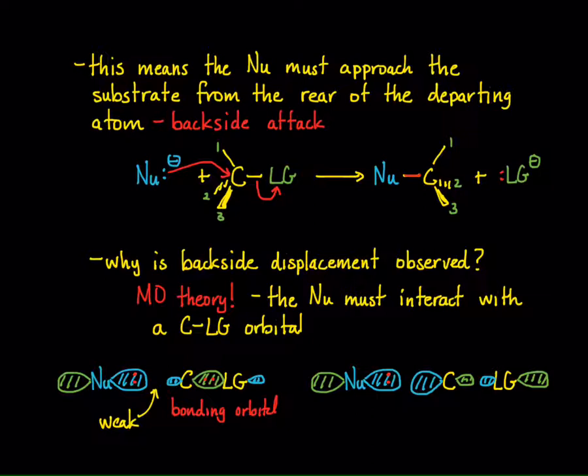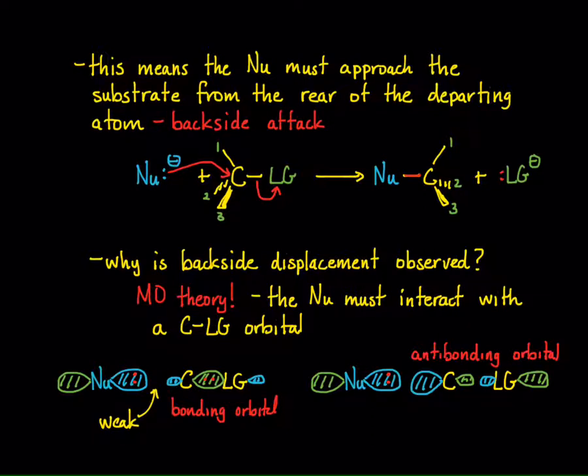So this is what the antibonding orbital between a carbon and a halogen or whatever leaving group would look like. You would have a nodal plane between the carbon and the halogen, and the lobes would be larger in the opposite direction. So the lobe of the carbon would be larger on the left-hand side than it would be closest to the leaving group.